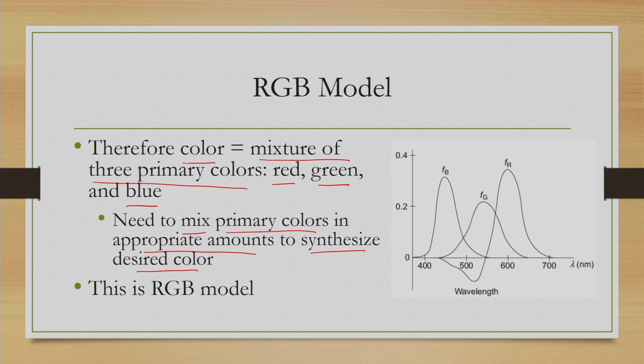The idea of this color model, as you can guess, comes directly from the way our eye works. That is, there are three cone types and we excite them differently to generate the perception of different colors by varying the light spectrum that is incident on the eye.